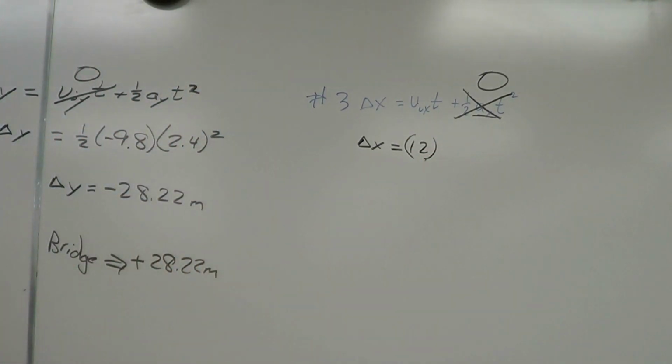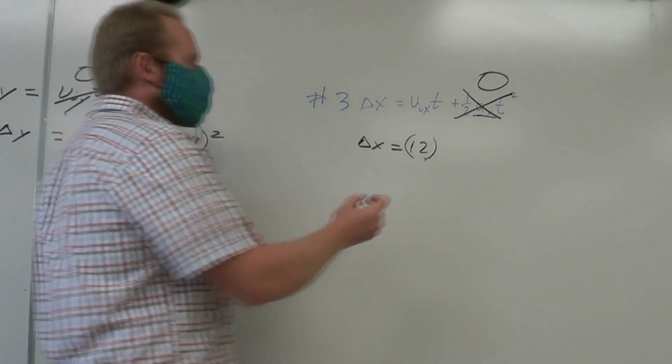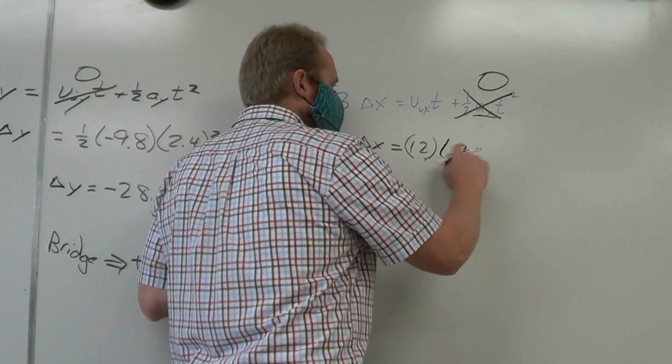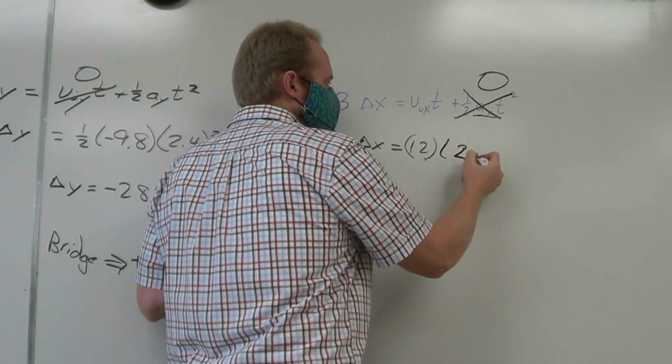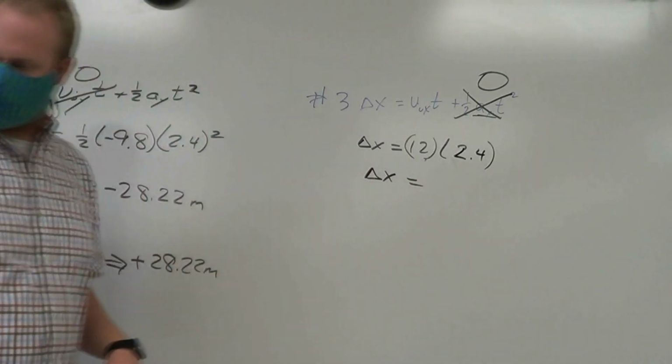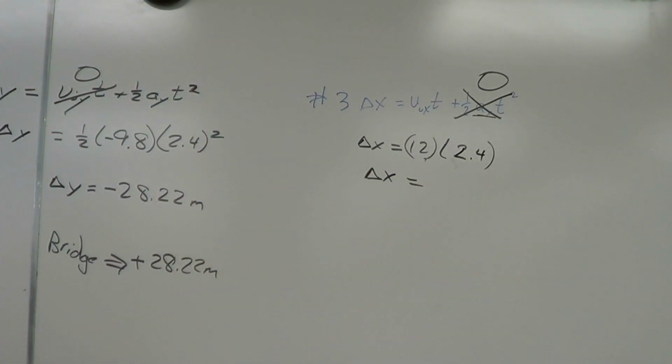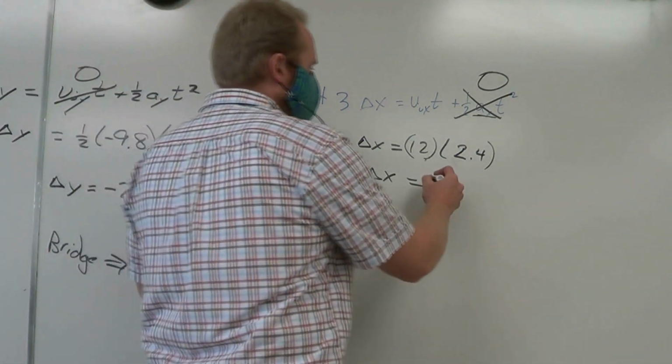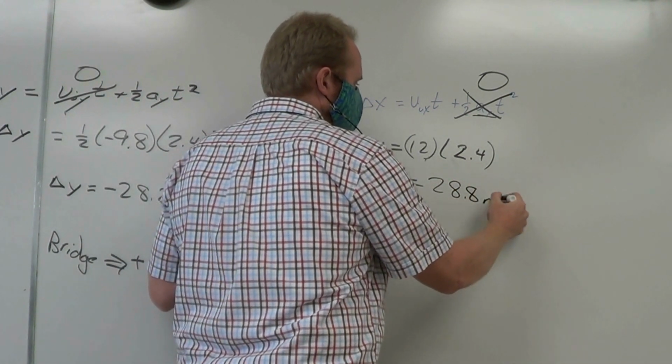It's 12 meters per second, and our time was given to be 2.4 seconds. Our delta x is 28.8 meters.